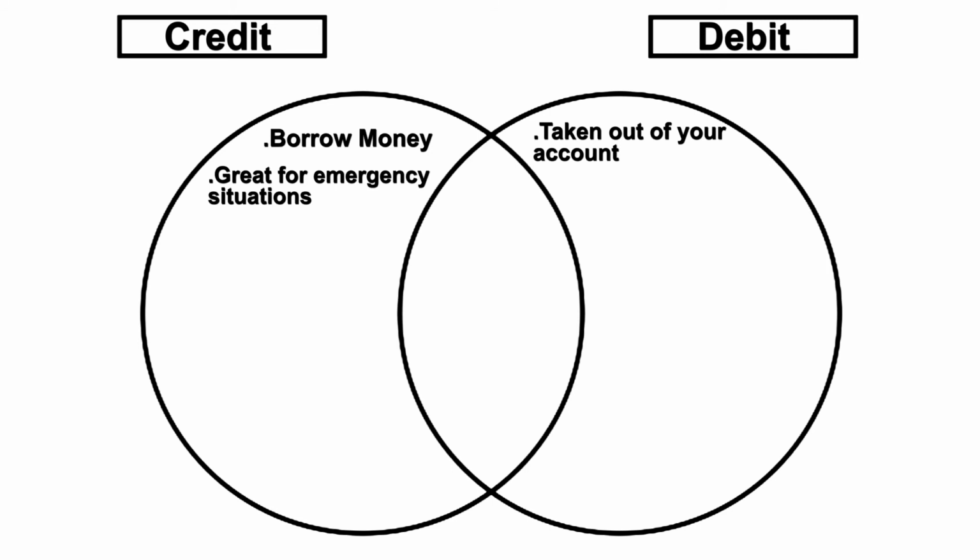Which card will you have to pay interest on? Debit card, credit card, or both? That's right. You have to pay interest on a credit card. Which card lets you get money out of the cash machine? Debit card, credit card, or both?